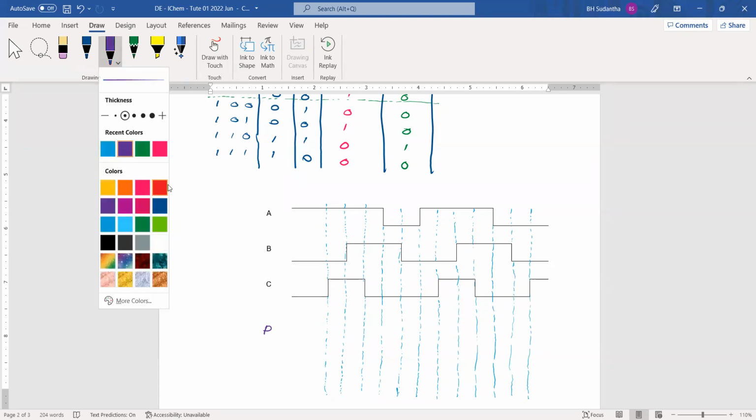Okay, then when we draw P, here this is A1.